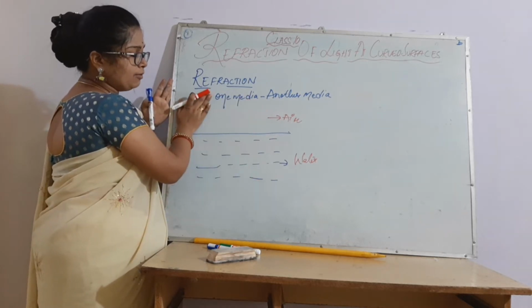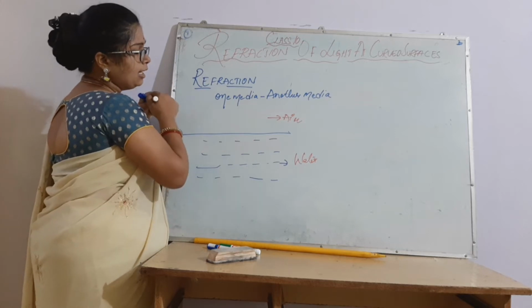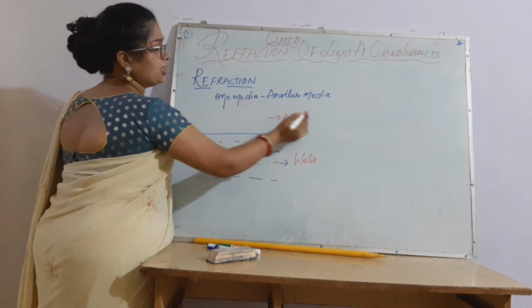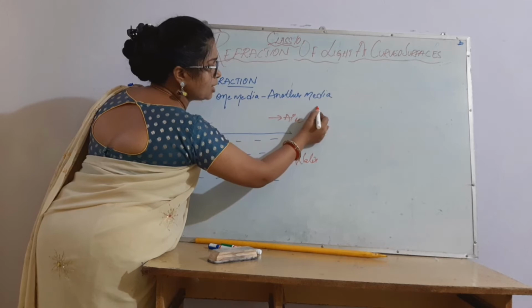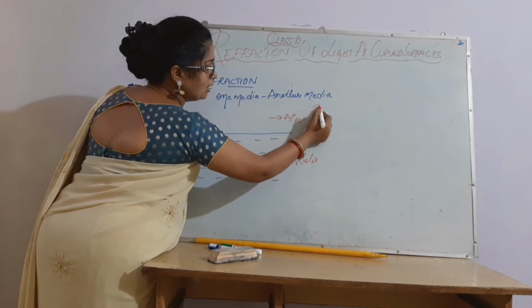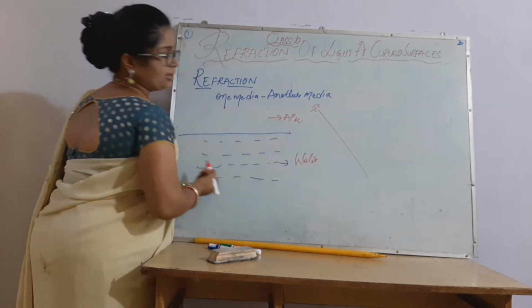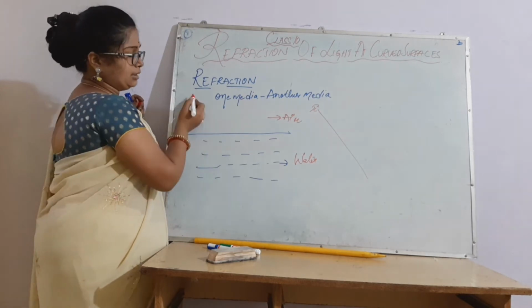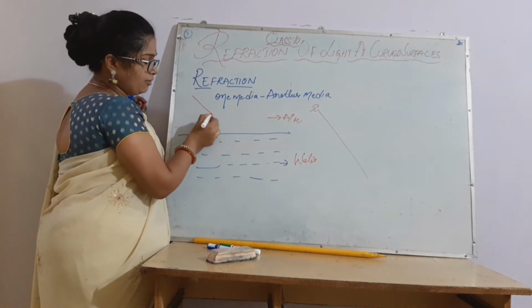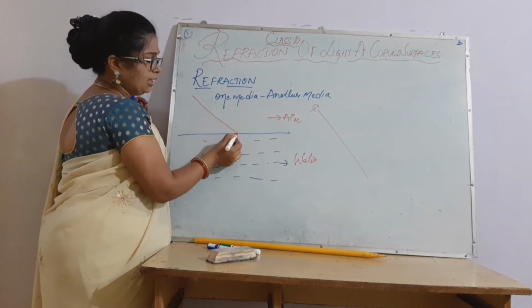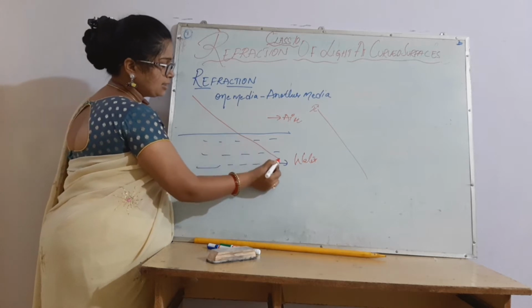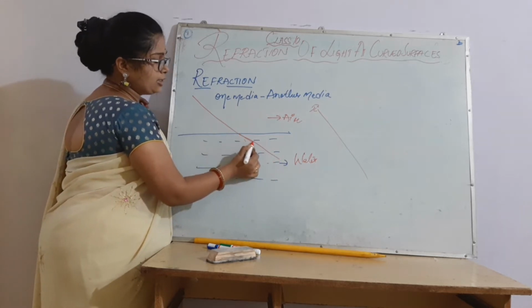Naturally the light from some source would travel straight like this, isn't it? But when it travels from one medium to another medium, it slightly bends. It slightly changes its direction.